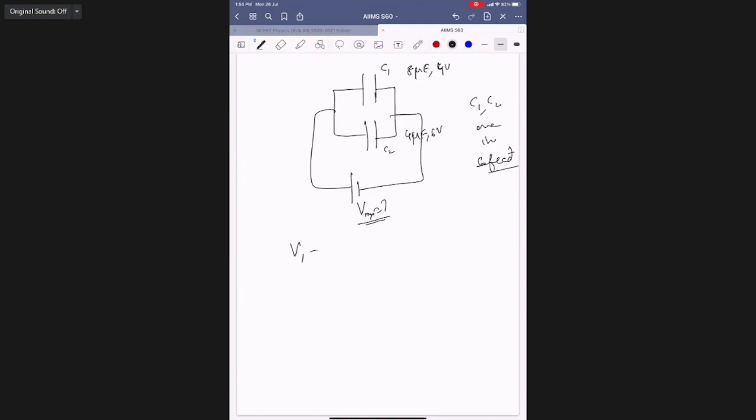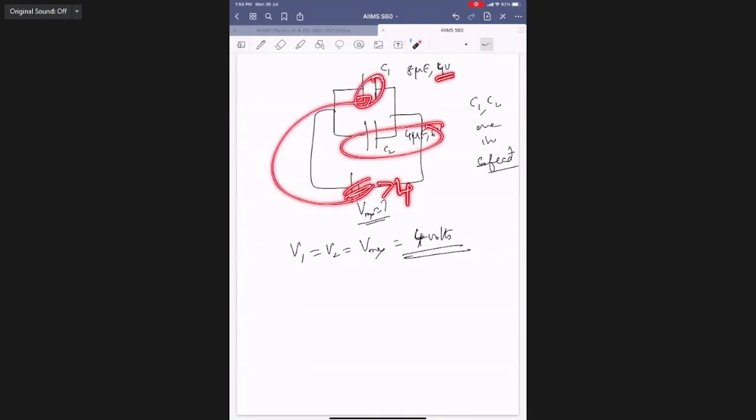Then you have to apply V1 equal to V2, equal to the maximum voltage you should apply. You should take only 4 volts, because if you keep it more than 4, it will cause more damage.